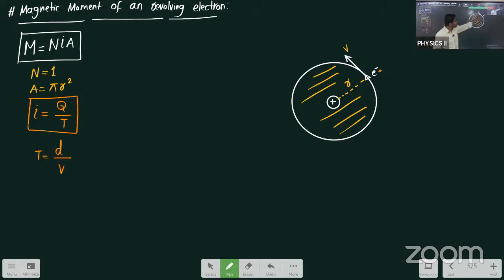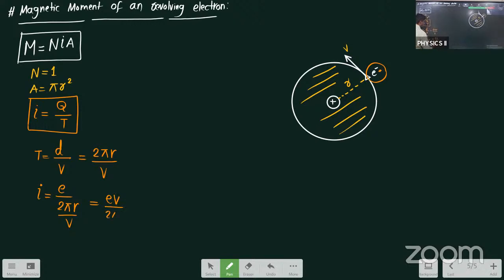How much distance is this electron covering? It is covering 2 pi r distance. So t = 2 pi r divided by v. Let us substitute that value in I. I = Q/t, and the charge flowing is that of the electron, so Q = e. I = e divided by 2 pi r by v, which becomes e v divided by 2 pi r.